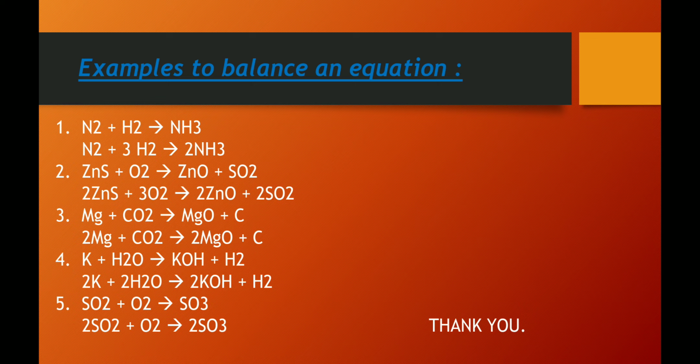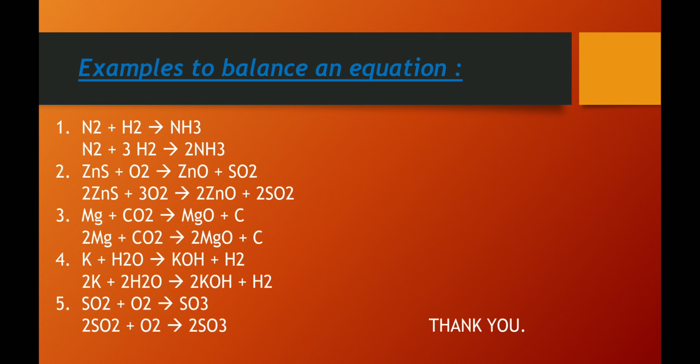So in example 2, 2ZnS plus 3O2 gives 2ZnO plus 2SO2, so that the number of atoms of zinc, sulfur and oxygen on the reactant side is equal to the number of atoms of zinc, sulfur and oxygen on the product side.